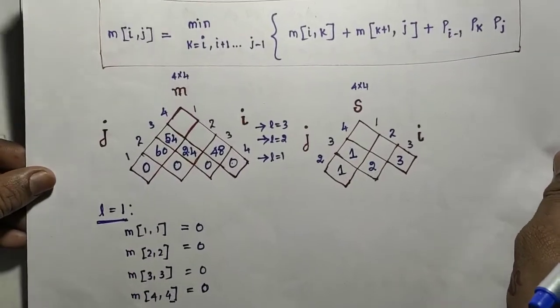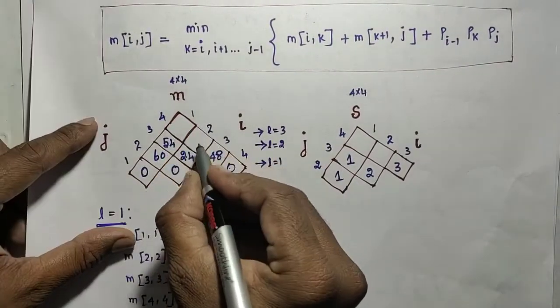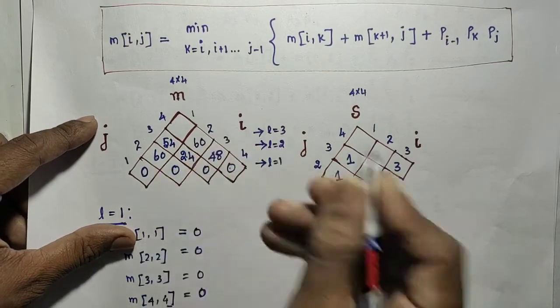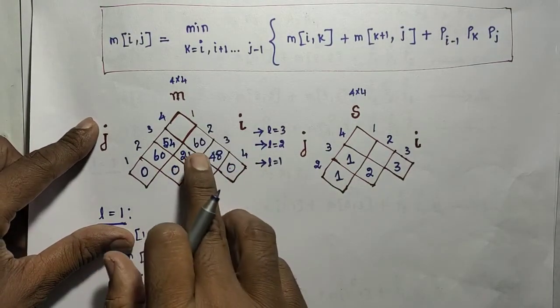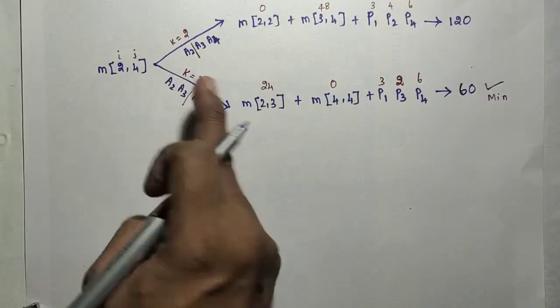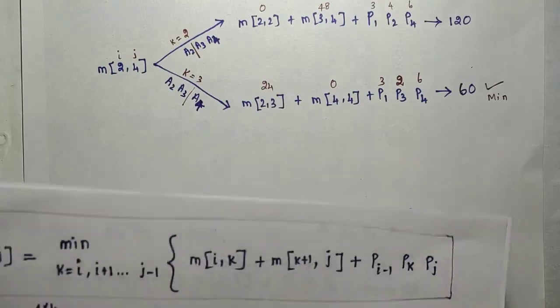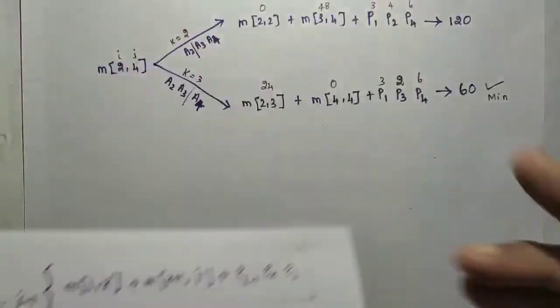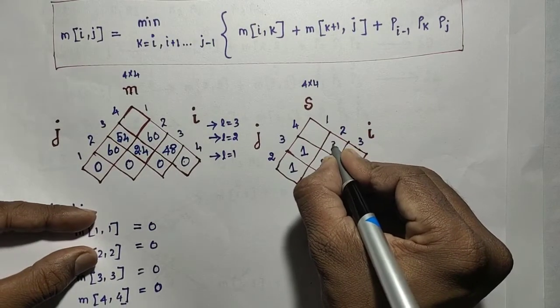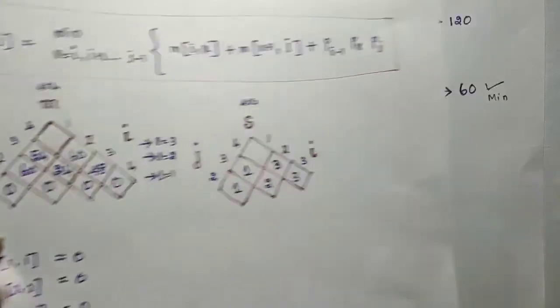So we got the value for m of 2 comma 4, that is 60. And the corresponding k value, the 60 occurs if the split occurs at the third. So that k value will be stored in the s table, that is 3.